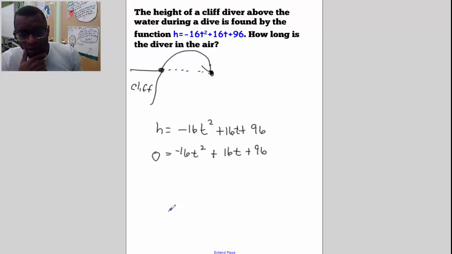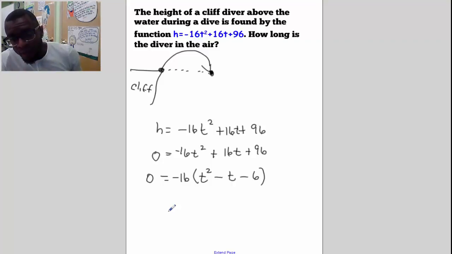Okay, and so again, I want to factor. I'm going to pull out a -16 because I want to keep my beginning coefficient positive. And so this is t squared minus t, and then minus 6, equal to 0.